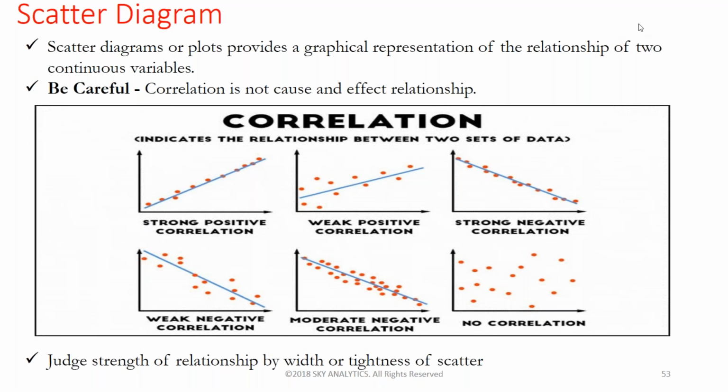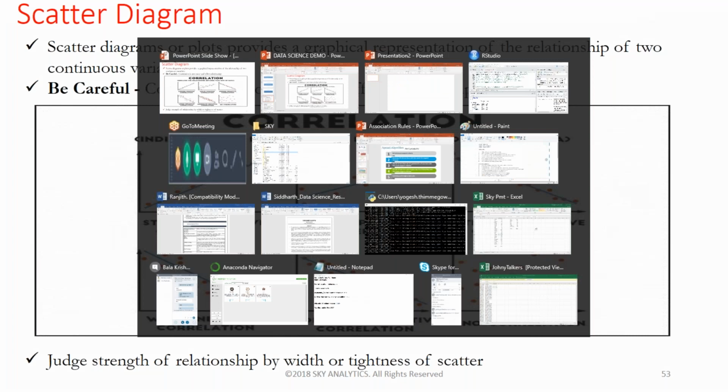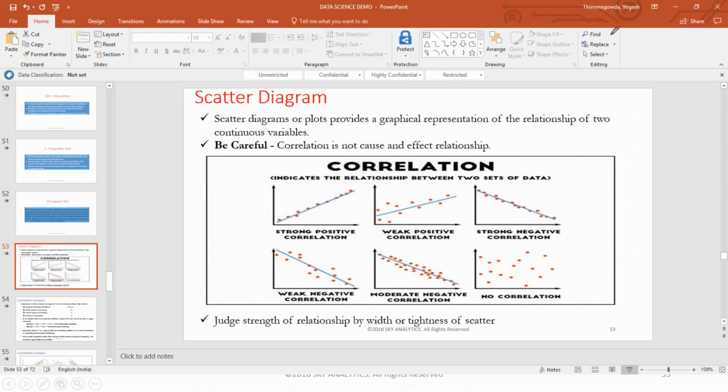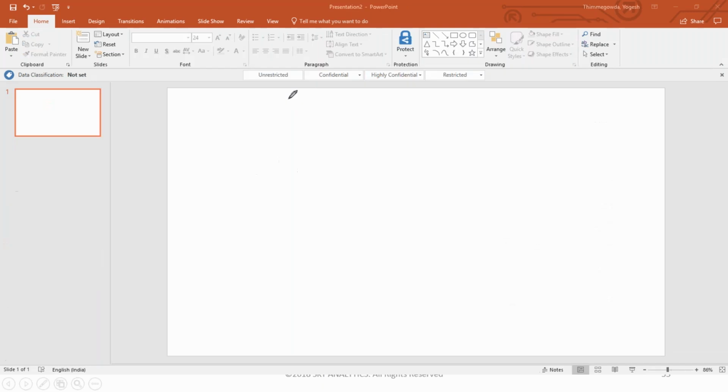Now, coming to positive correlation and negative correlation, we'll try to understand what is strong, what is moderate, everything. So let me explain. Consider this is your x-axis and y-axis. This is your straight line.